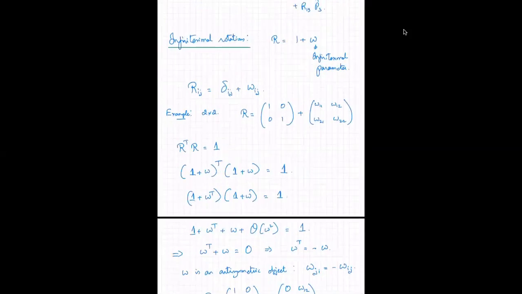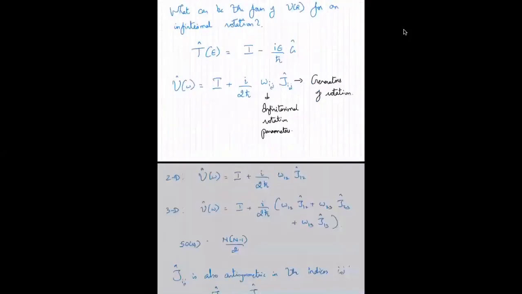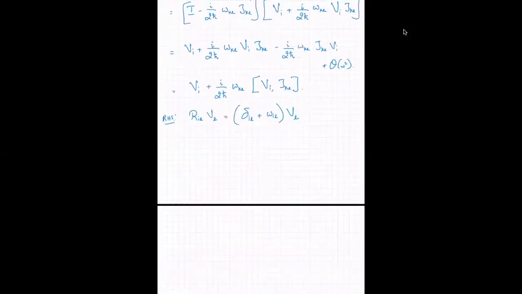Okay, so remember that this is exactly what we talked about when we talked about infinitesimal rotations. R_ij can be understood as the unit matrix plus some small rotation angle omega. So this obviously is equal to delta_il V_l, which is V_i, because the Kronecker delta forces l to be equal to i, plus omega_il.